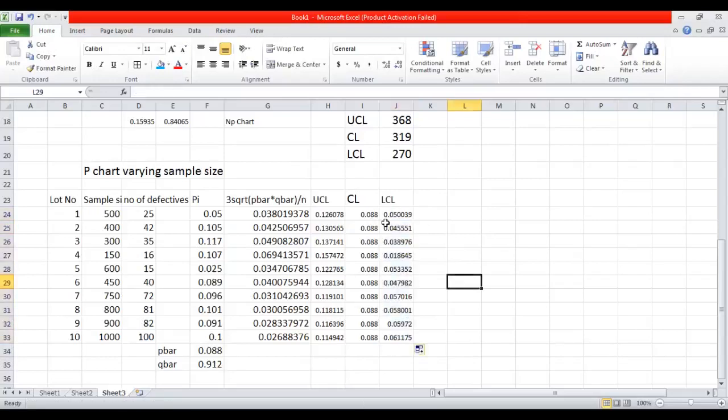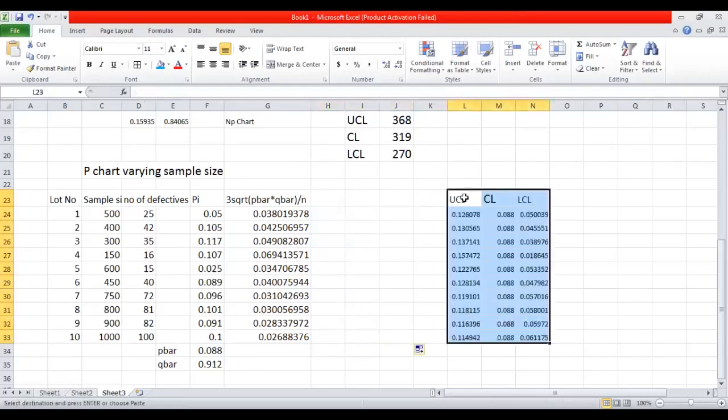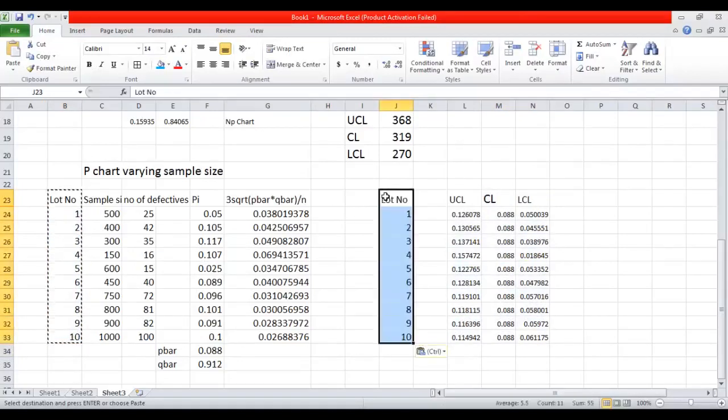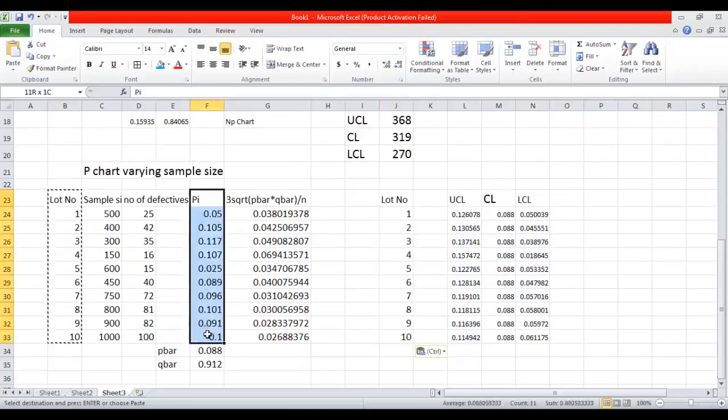Now we have the UCL, CL and LCL values, and we also have the PI values. I'm just pasting these here. Here I'll take the lot number, and here I'll take the PI values.